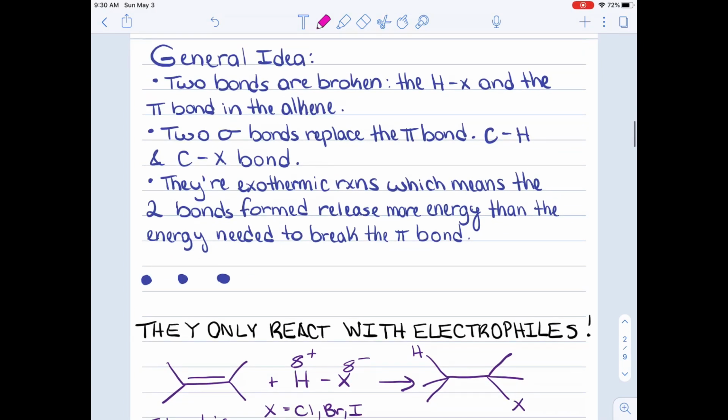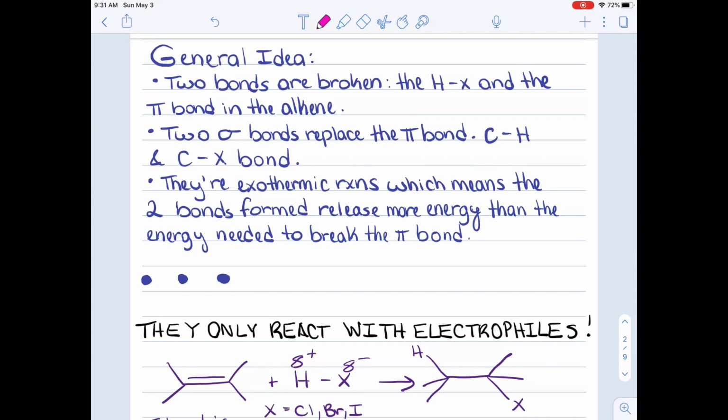Alright, so I want you to get down the general idea of the mechanism. Two bonds are being broken: the hydrogen halide and the pi bond in the alkene. And then two sigma bonds, or two single bonds, replace the pi bond, the double bond.